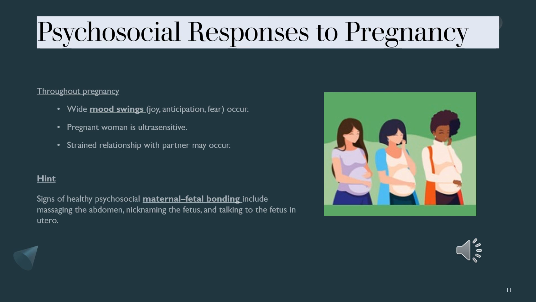Towards the end of the pregnancy, the mom should be doing a lot of maternal fetal bonding. So you may see her rubbing her abdomen. She may call the baby a nickname, Peanut, different things like that. Or she may use the baby's name, and talk to the baby a good bit.